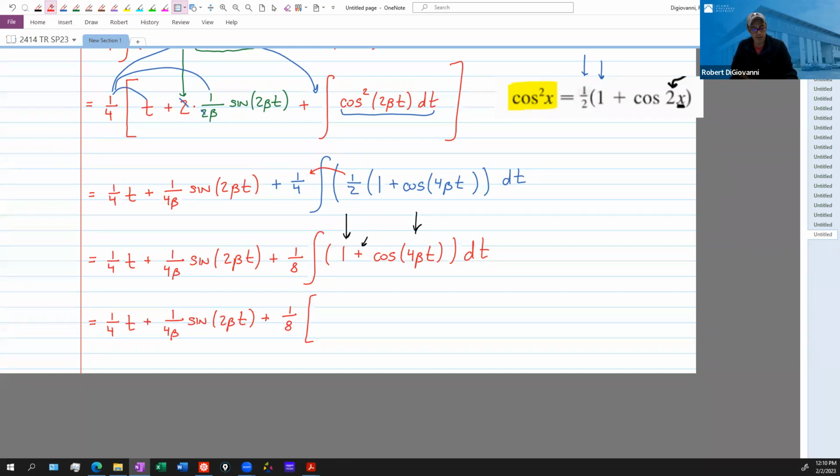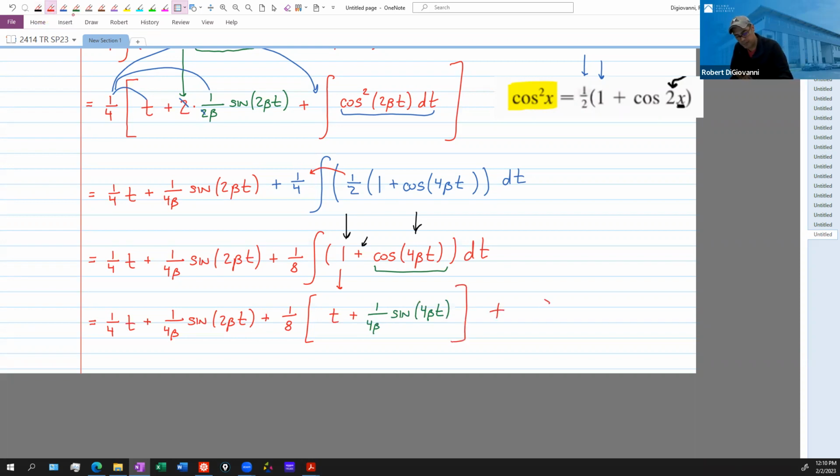Antiderivative of 1 is t. And then plus now the antiderivative of the cosine of 4 beta t. We did one like that earlier, right? We had to scale, we had to do 1 over, this time 4 beta sine of 4 beta t. And then close it off.